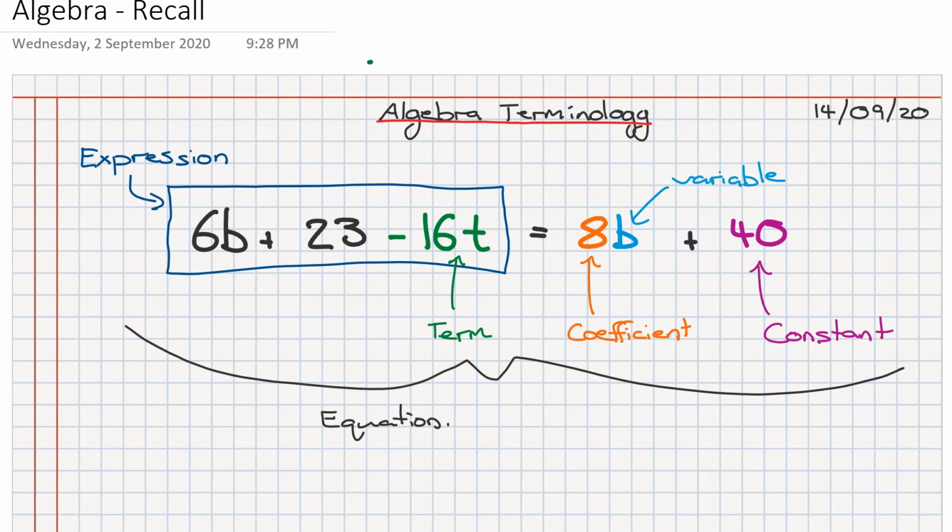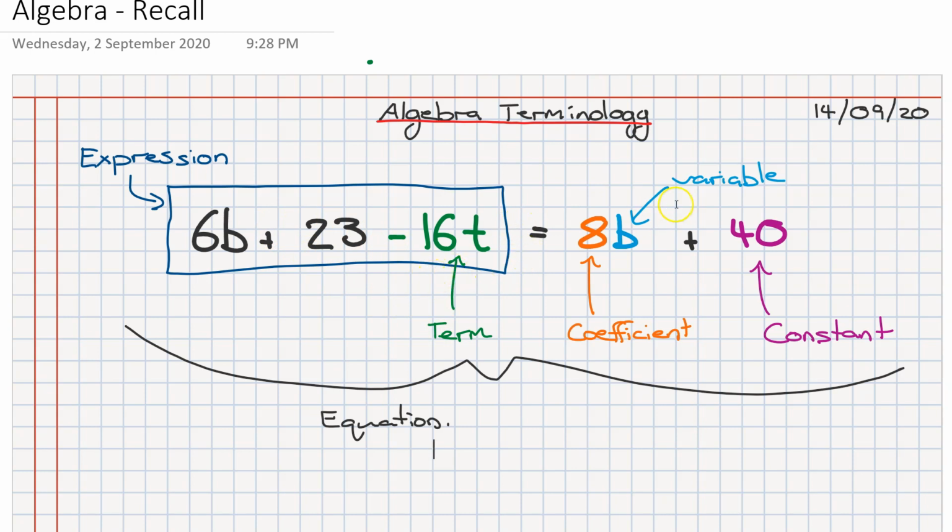So we have to refer to something as an equation, or if there's no equal sign, if we're only referring to this part in the blue box over here, we call this an expression. Or if we're referring to the right-hand side of the equation, we call that an expression as well. Now, if we're talking about specific things inside the expression, then we're talking about terms.